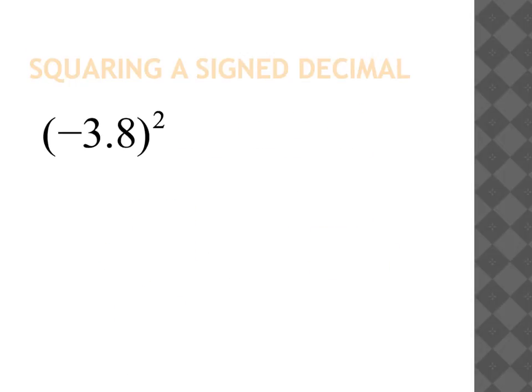Example, we're going to multiply a negative number by itself. So remember, negative 3.8 squared is the same as negative 3.8 multiplied by another negative 3.8. Setting up the same way, we're going to take 3.8 times 3.8.